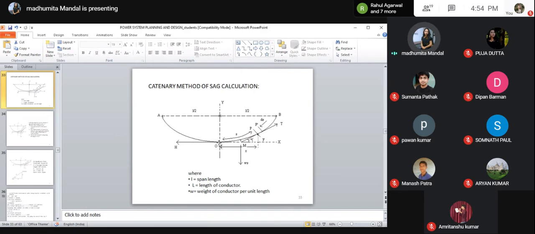And what is Y? Here y is the distance from B to x, that is, this distance is the maximum sag.